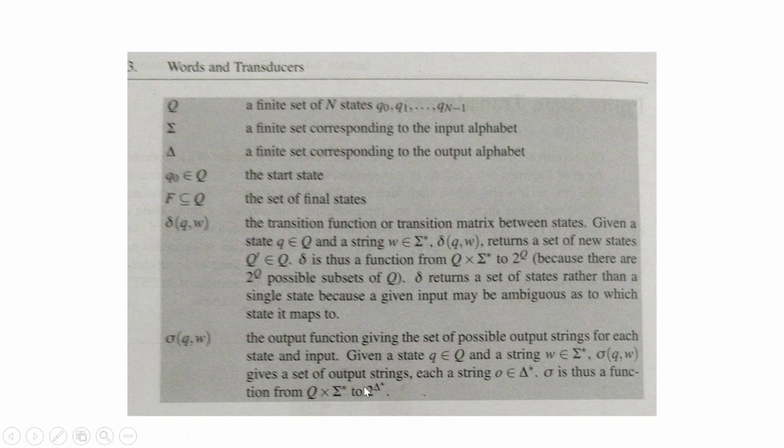So that is what is given here. Given a state Q which belongs to Q and a string W which belongs to sigma star, the sigma gives a set of output strings. Each string belongs to the output alphabet star. Okay, so this is the formal definition of a finite state transducer.